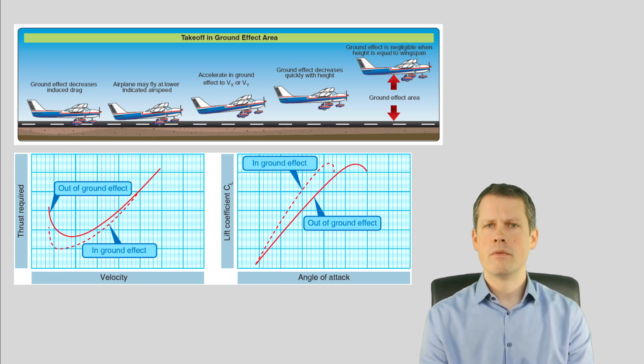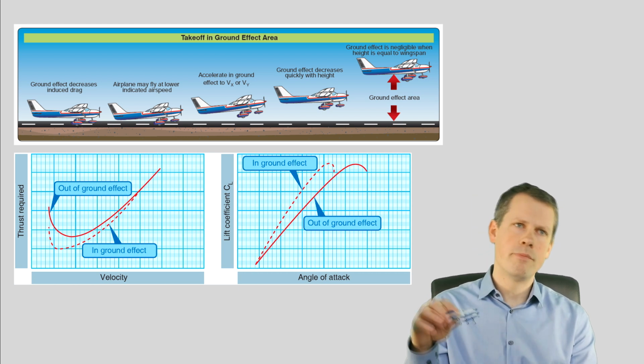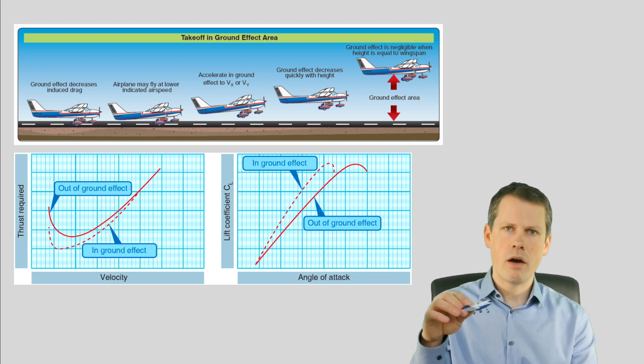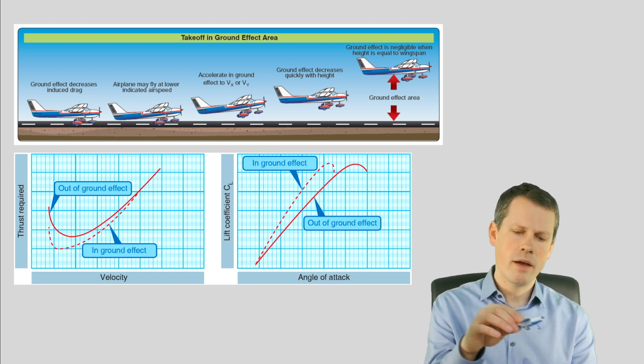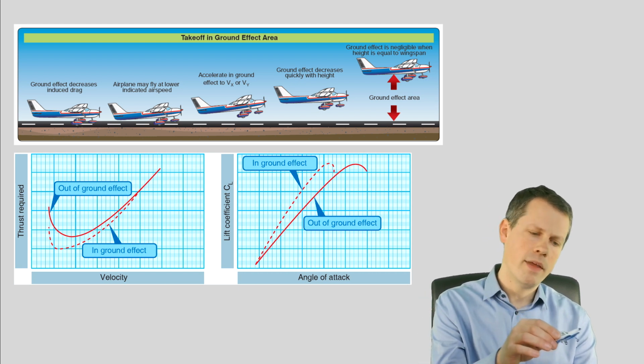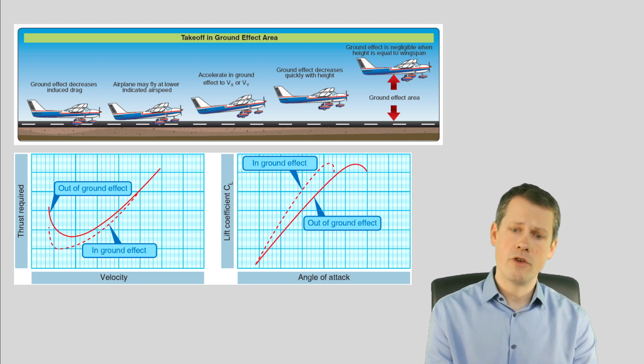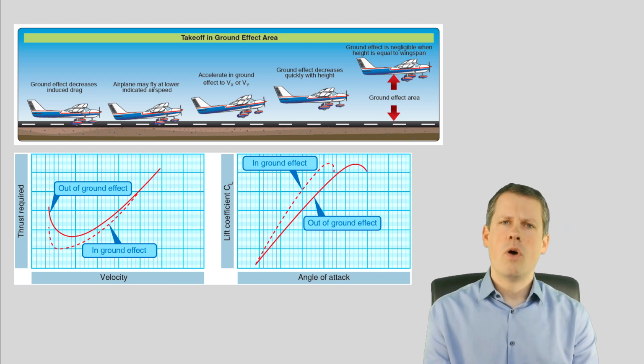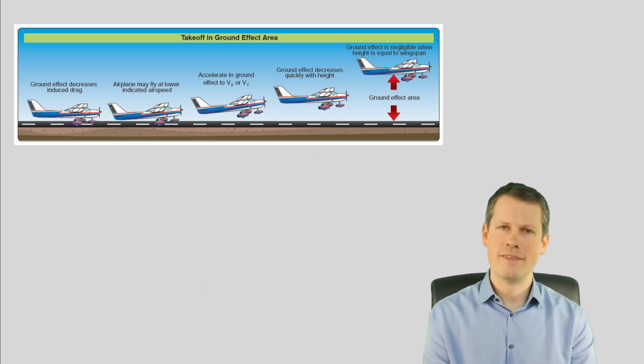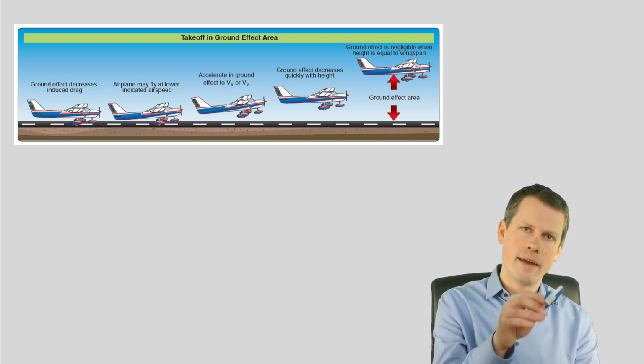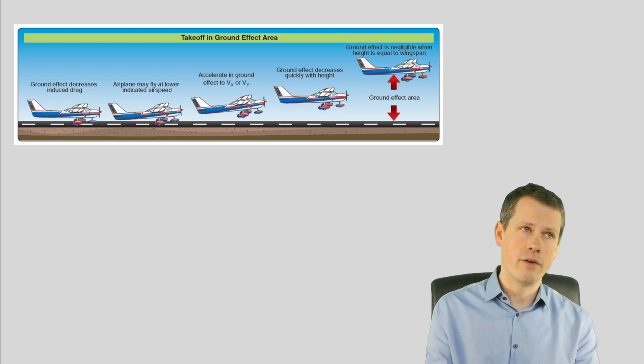And if you do that prematurely, it might settle back onto the runway, or it just might keep skipping along on the top of the ground effect area, but will never be able to climb, and then eventually at the end of the runway you will hit your obstacles. So always stay in ground effect after liftoff, of course, until you have reached a safe speed, which is normally VX, and then, and only then, leave ground effect.